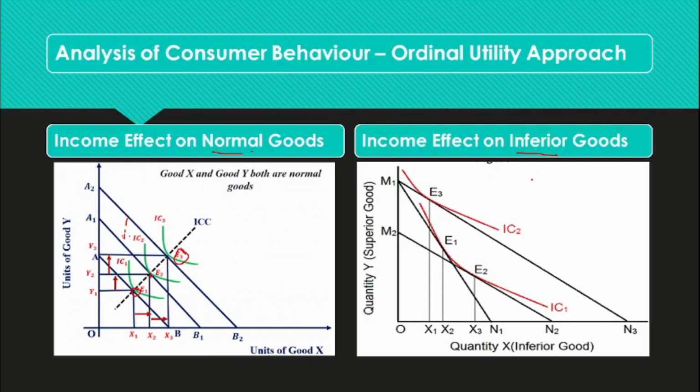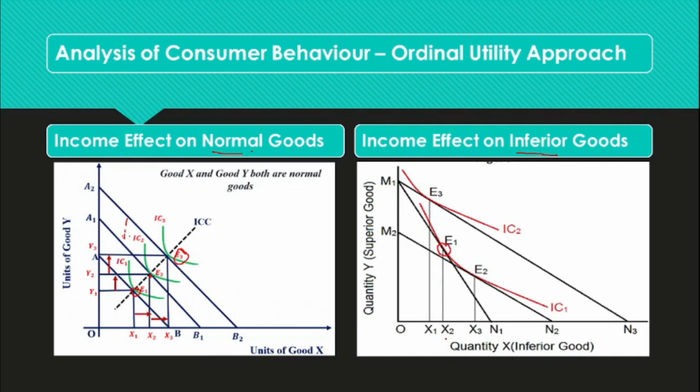But in case of inferior good, what happens? Let us say that the original budget line is M1N1, and at that point M1N1 we have the equilibrium at E1. Okay, this is the equilibrium.